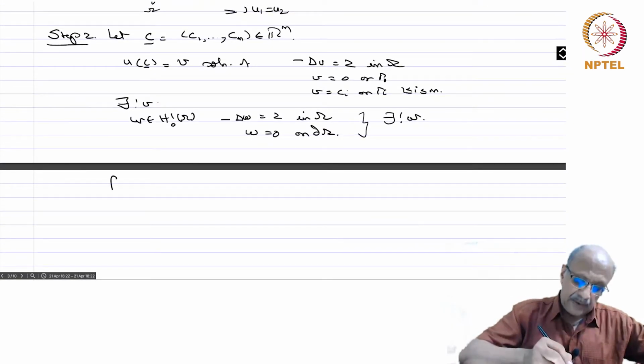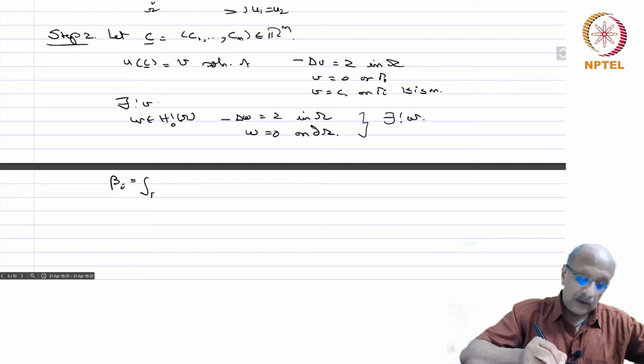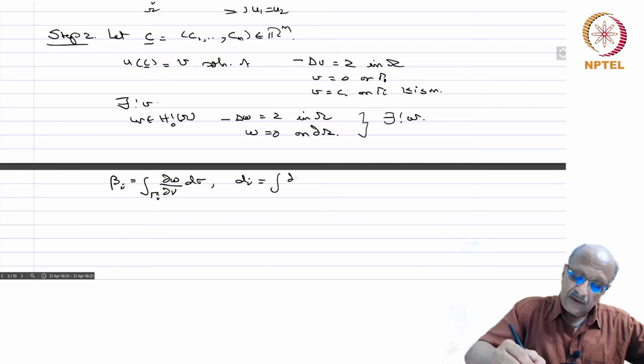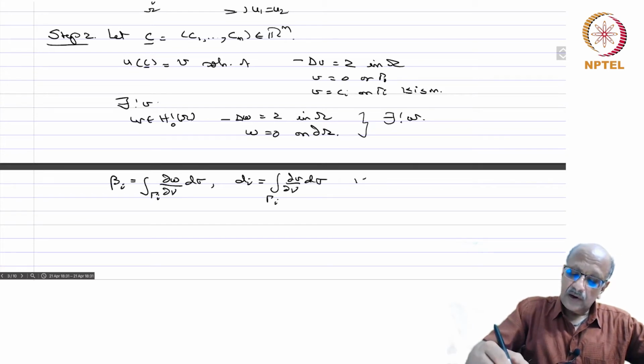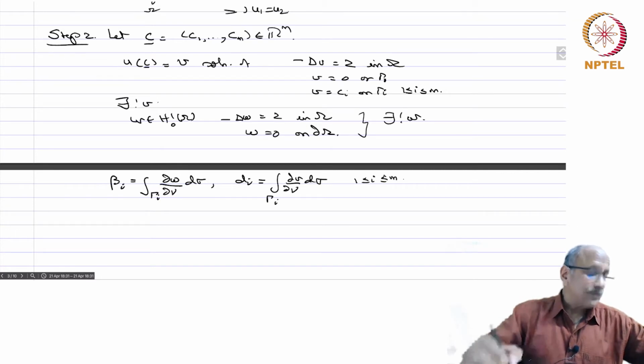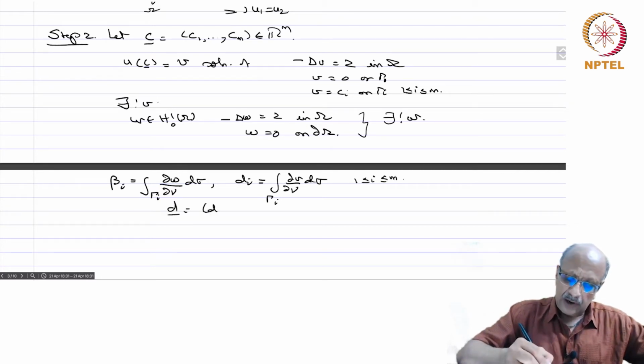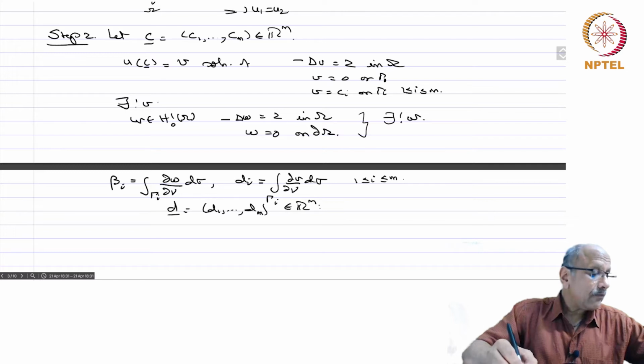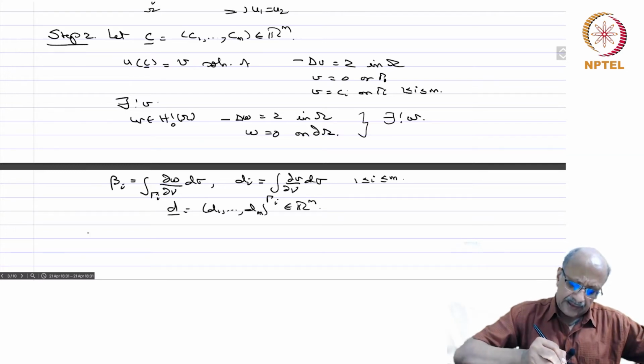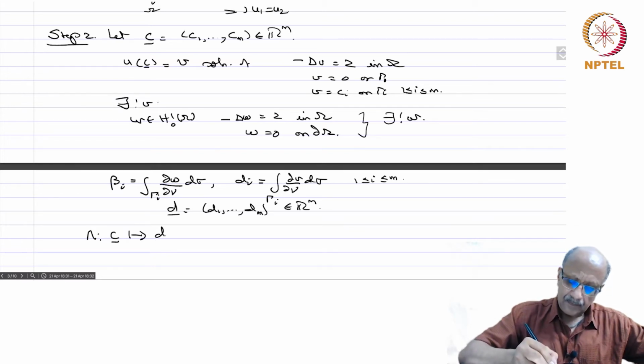So now you define beta_I equals the integral on gamma I of dW by d nu d sigma and d_I equal to the integral of dV by d nu over gamma I d sigma, 1 less than or equal to I less than or equal to m. Okay. So d equals d1 up to dm in Rm. So now if you take lambda which maps C to D, it is linear from Rm to Rm.